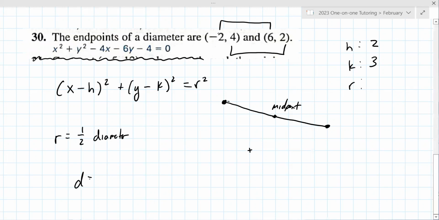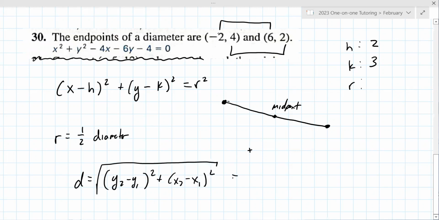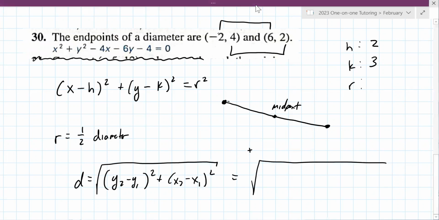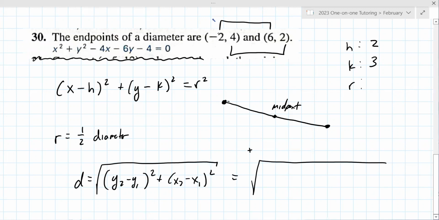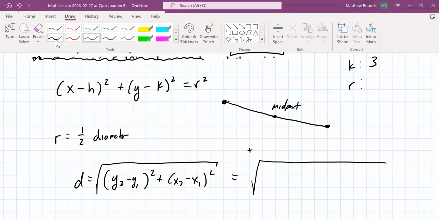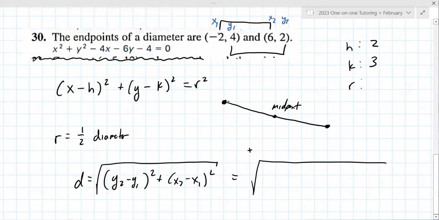The distance formula, I'll just write it out here, is the square root of y2 minus y1 squared plus x2 minus x1 squared. If you need to, you can label these x1, y1, x2, y2. It doesn't really matter how you do it, as long as you get the right numbers in the equation.